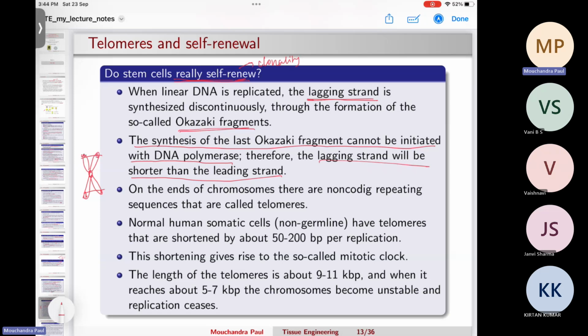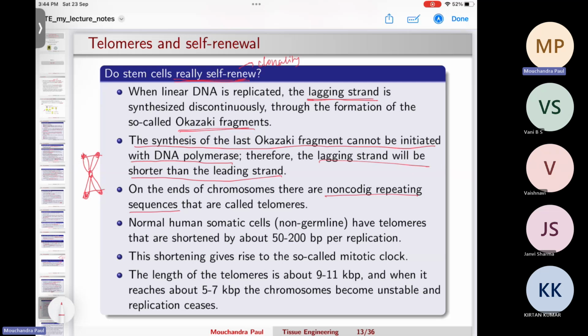And the telomere contains mostly non-coding repeating sequences. Means the sequences don't code for anything, they are just repeats, like ATGC repeating 100 times, 50 times. So these ends, the telomeres, do not contribute any genetic information, they are just non-coding repeating sequences.